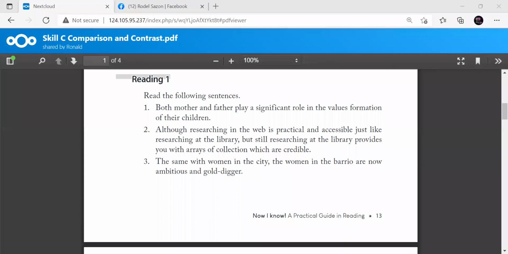Read the following sentences. Number 1. Both mother and father play a significant role in the values formation of their children. Number 2. Although researching in the web is practical and accessible, just like researching at the library, but still researching at the library provides you with arrays of collection which are credible. Number 3. The same with women in the city, the women in the barrio are now ambitious and gold digger.